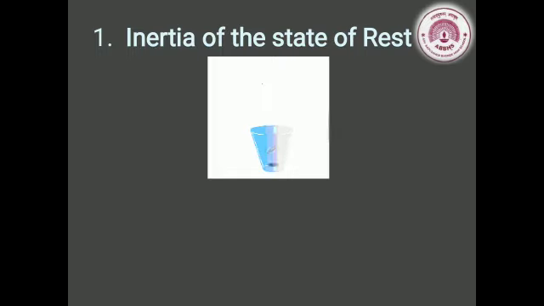Inertia of the state of rest. When a cardboard is kept on a glass with a coin on top of it, you can actually put the coin inside the glass without touching it. Yes, you can. We have to suddenly pull the cardboard and the coin falls into the glass, as the coin tends to remain in the state of rest.